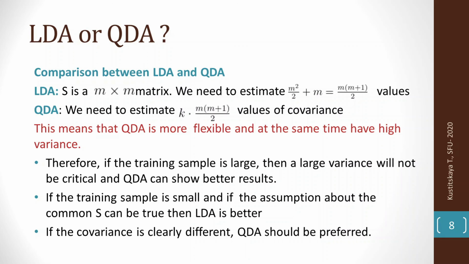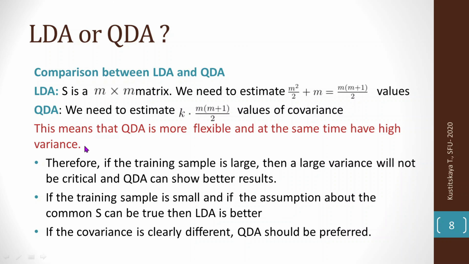Now we turn to the comparison of two classifiers, LDA and QDA. While doing linear discriminant analysis, we deal with a covariance matrix which has m times m dimensions. So we need to estimate m times (m plus 1) over 2 values of covariances.